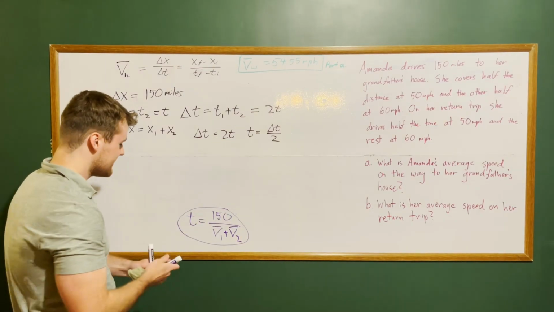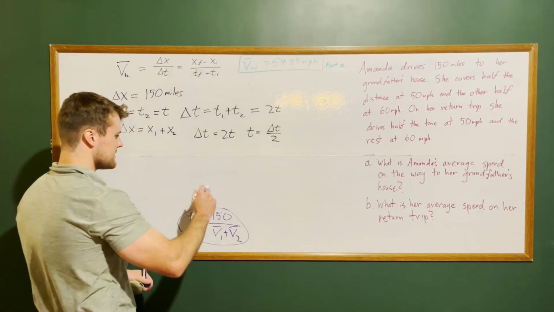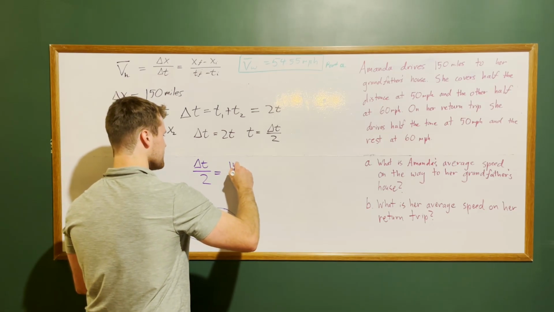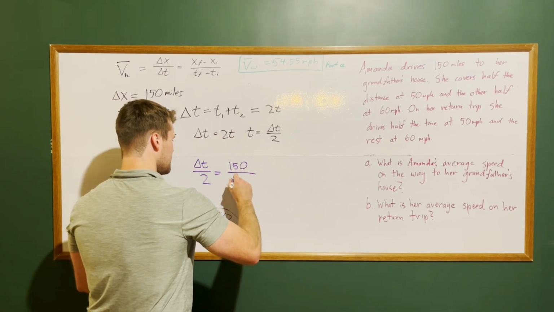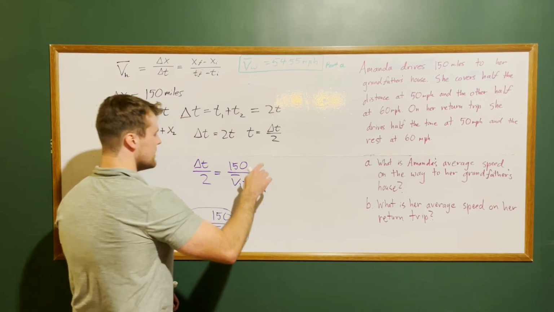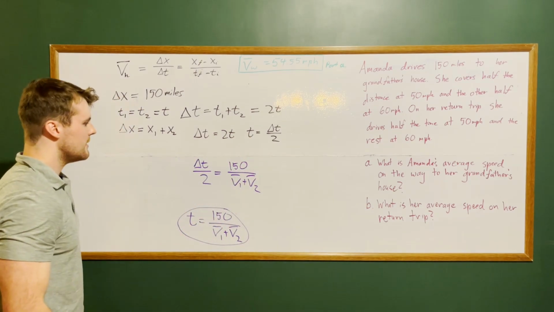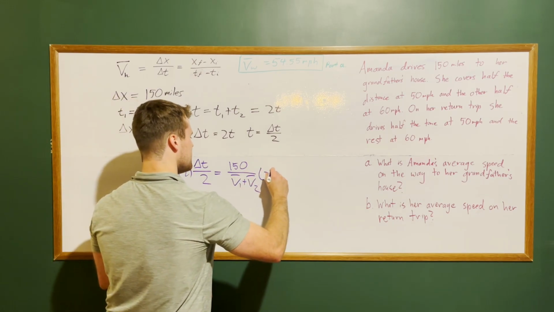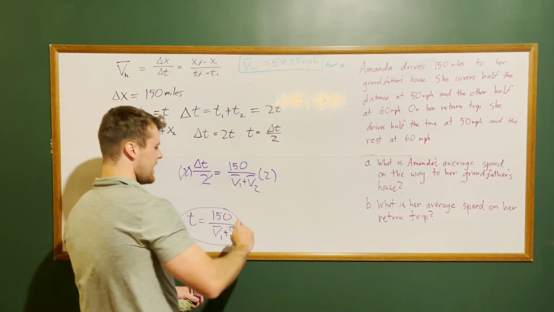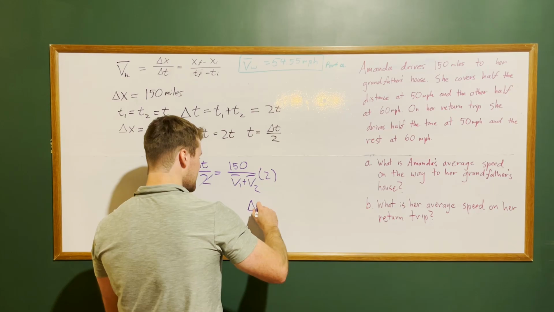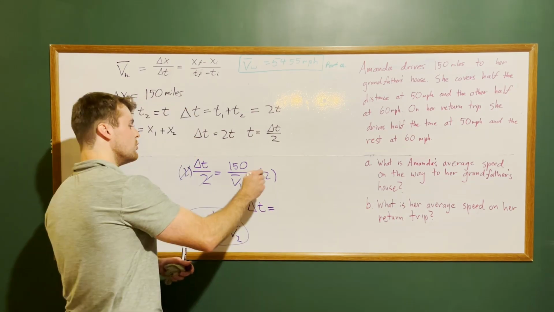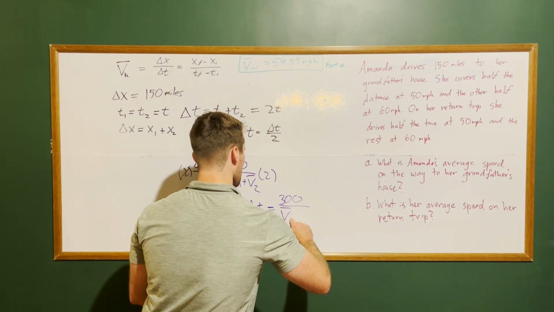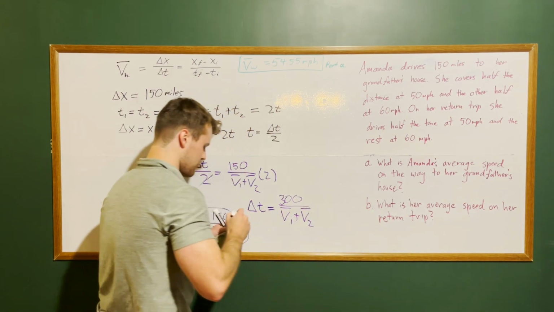All right, now what? Well, t is equal to delta t over 2. Delta t over 2 equals 150 over (v bar 1 plus v bar 2). I took this value and plugged it in here. Now, isolating for delta t, multiply both sides by 2. Of course, these 2's cancel, and we get delta t equals 2 times 150, which is 300, over (v bar 1 plus v bar 2).